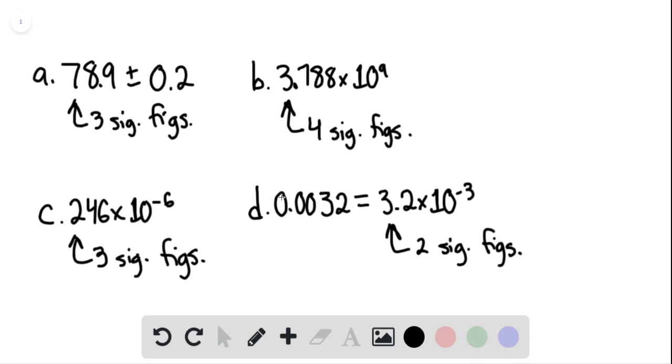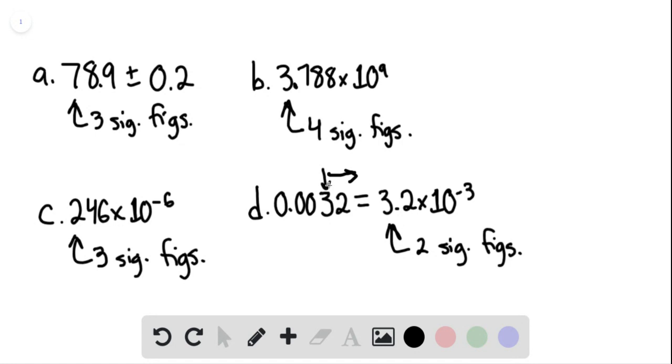I encounter a 0, not significant, another 0, not significant, another 0, not significant, and now I encounter a 3. That value right here is going to be significant, as well as all the values that come after that. And here, only one value is coming after the 3, so we have 2 significant figures.